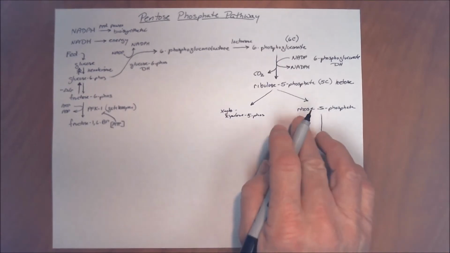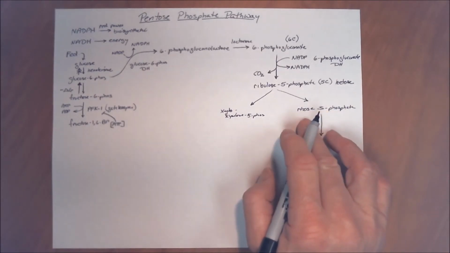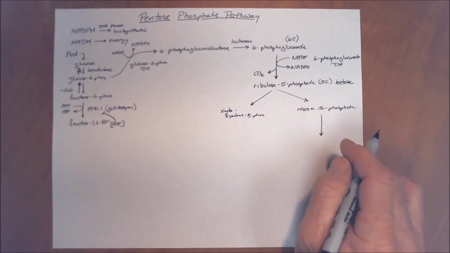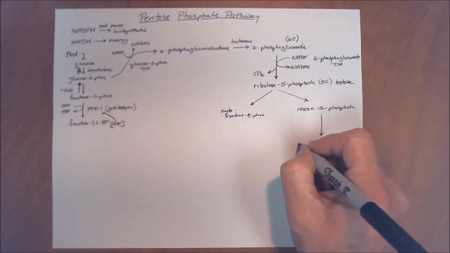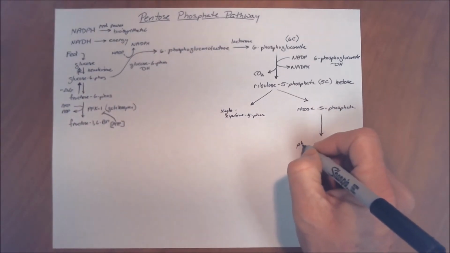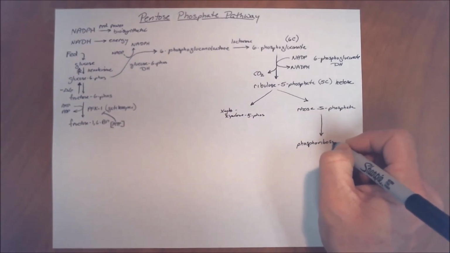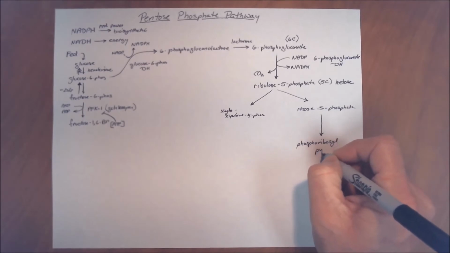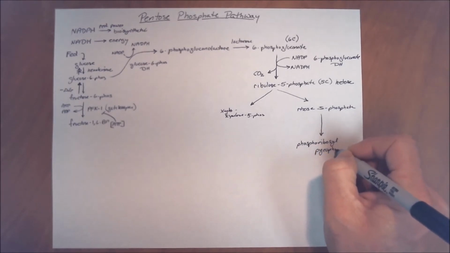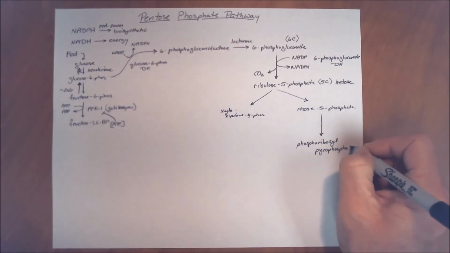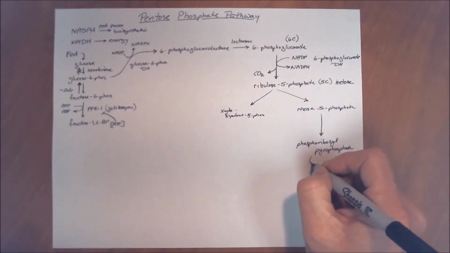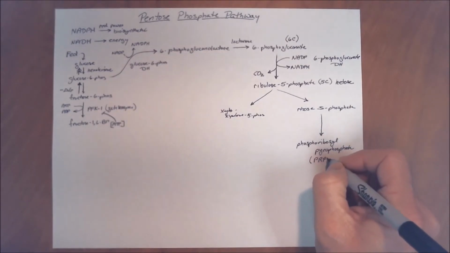So in order for the ribose 5-phosphate to enter the nucleotide synthesis pathway, this has to be converted into phosphoribosyl pyrophosphate. It's abbreviated PRPP.